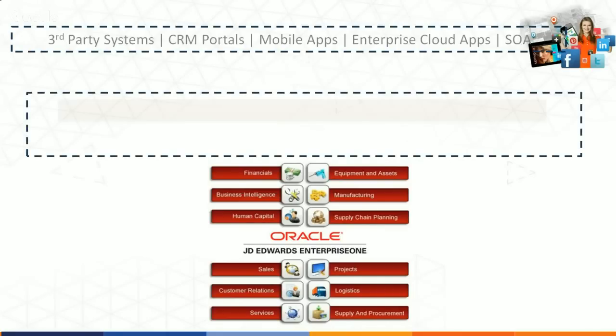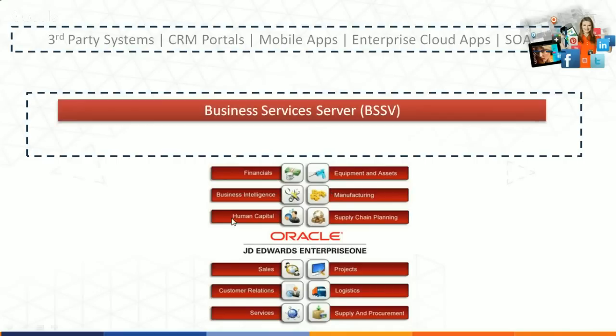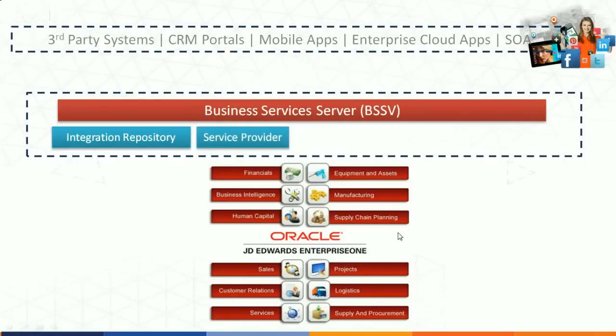So your Business Service Server sits between your event server and all these different applications. It provides an integration repository, you can think of it as a library of some pre-built integrations that you can make use of. It gives you a service provisioning mechanism, which can expose different use cases and different C business functions and different internal event processes to the outside world through service providers.